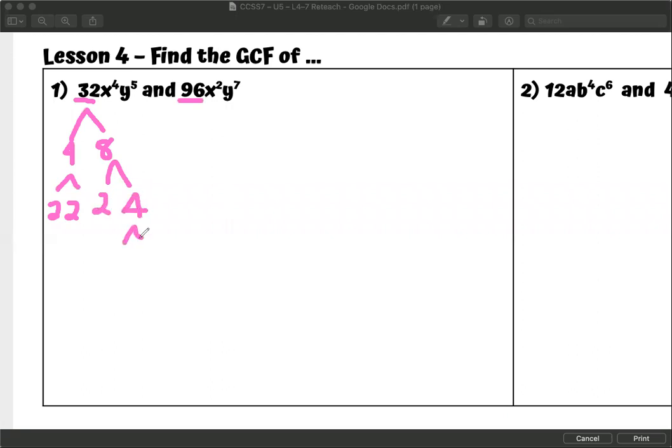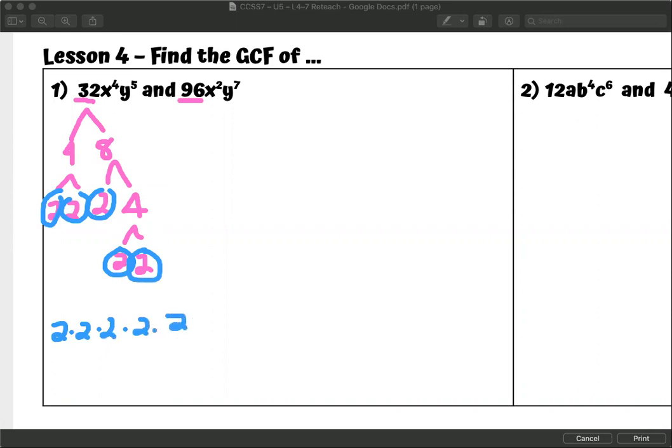And then 4 splits into 2 and 2. So the prime factorization here is 2 times 2 times 2 times 2 times 2. So I'm going to write that out for 32.